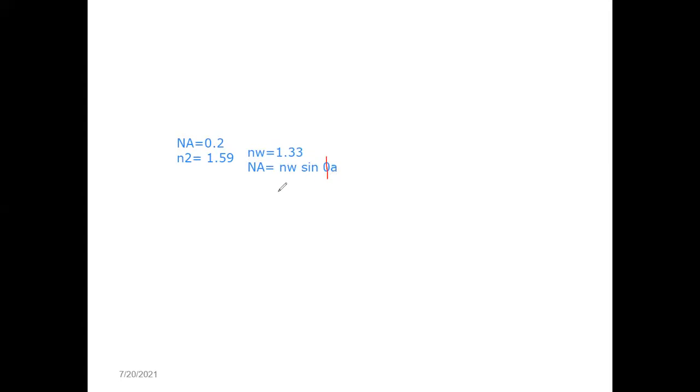So you substitute all of Na is given to you, NW is also given to you. So you find out the acceptance angle और उसका double कर देना. This is half acceptance angle.